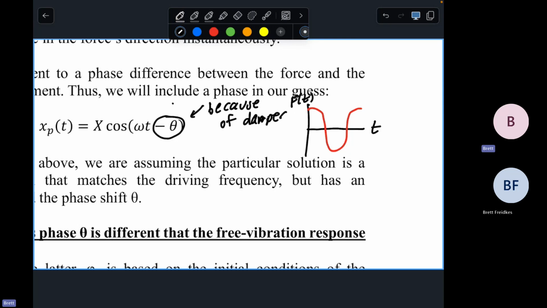So if you were to draw the same picture for the displacement, this will be starting a little bit later. So you have this phase delay. Negative phase implies moving it to the right. So this original cosine wave moved to the right. That's what causes the response.